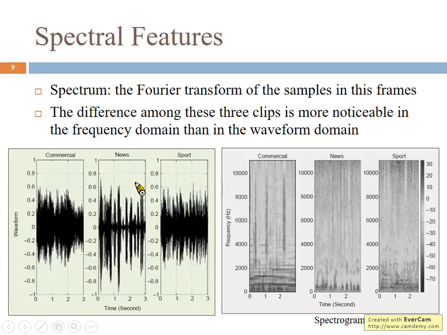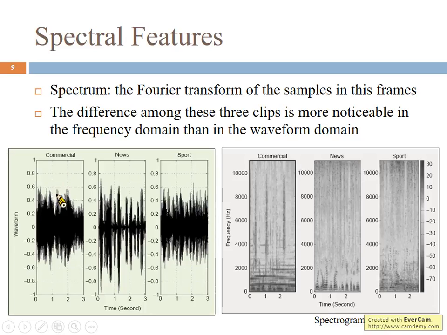And in this example, we have three different audio signals, including commercial, news, and sports. From the waveform, we can perceive that the news signal is different from the commercial and sports. You may just subtly feel the difference between commercial and sports, but you cannot accurately quantify the difference between these two audio sounds.